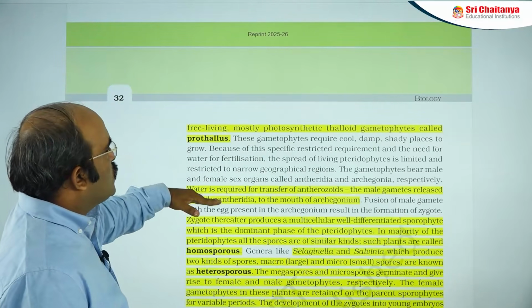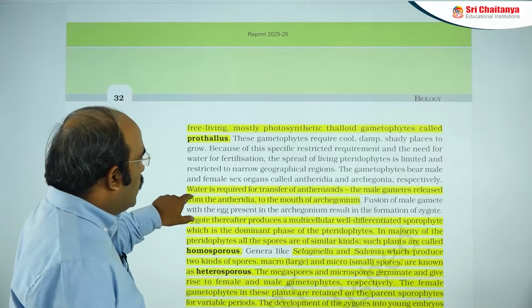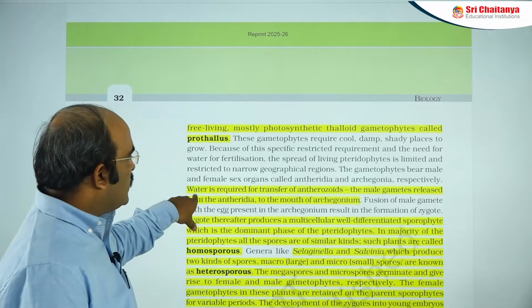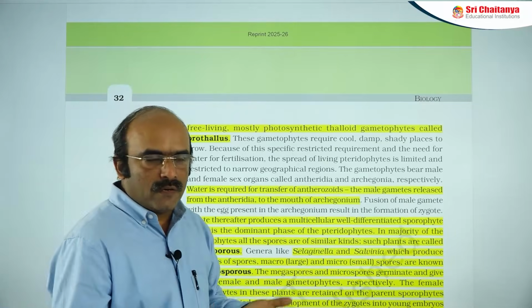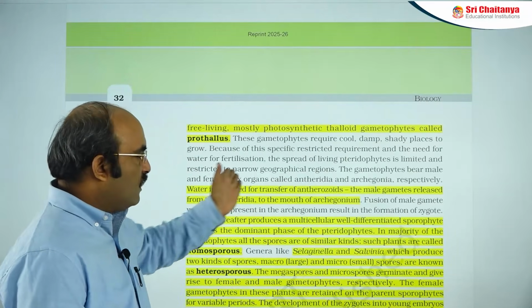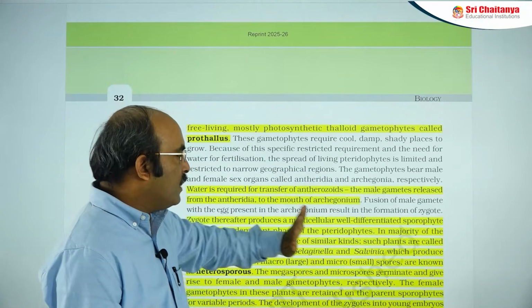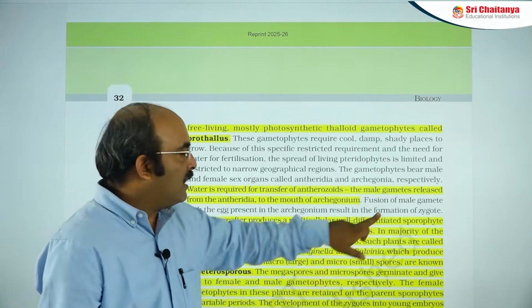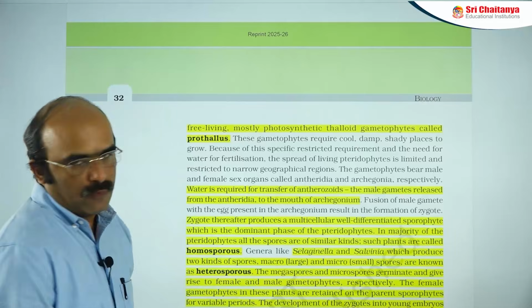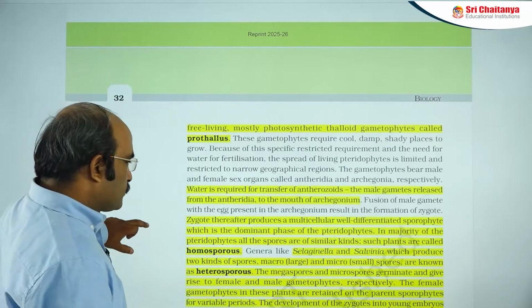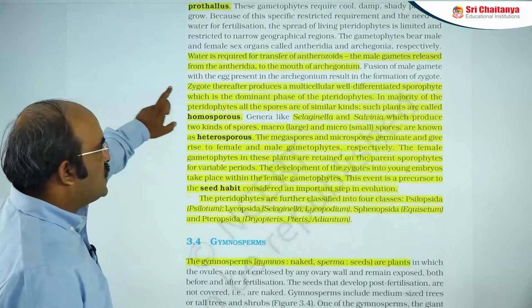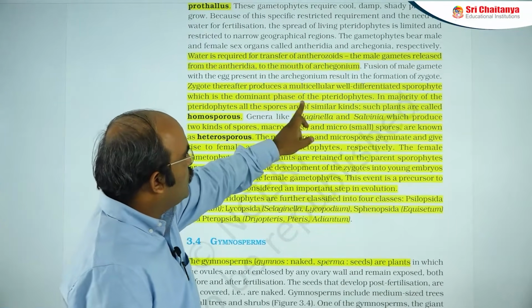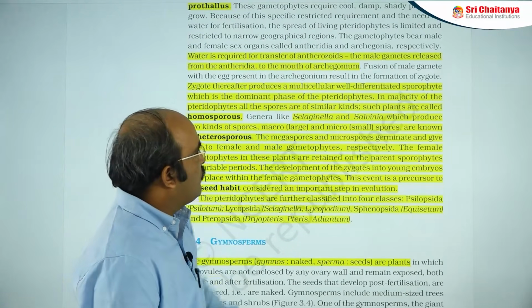Now, you could also observe the sex organs, antheridia and archegonia. The antherozoids are released, they travel in water and reach the mouth of the archegonium, and after fusion of the male gamete with the female gamete in the archegonium, what is formed is the zygote. So the zygote produces a multicellular, well differentiated sporophyte, which I told you is the dominant phase.